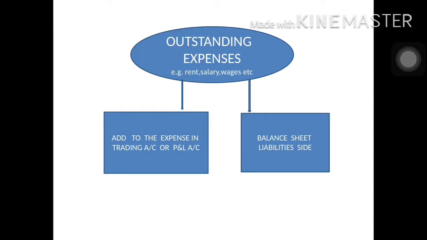Rent goes in profit and loss account, so you will write add outstanding rent in profit and loss account. But suppose outstanding wages is given to you, then where does wages go? Trading account. So in trading account you will write to wages add outstanding wages. Alright, and the second effect, outstanding means which you have not paid, so that is your liability. So balance sheet liabilities side.